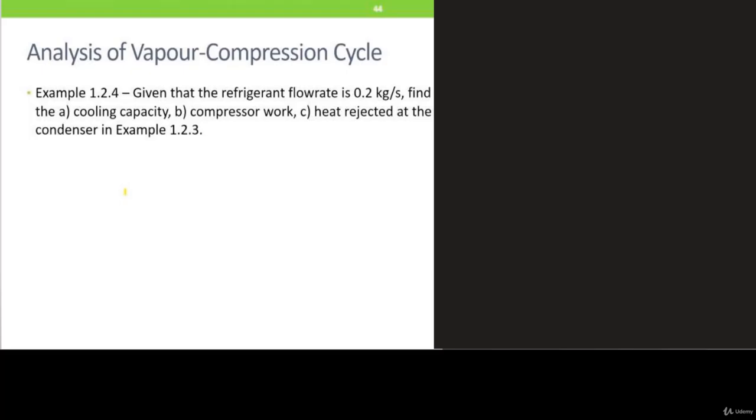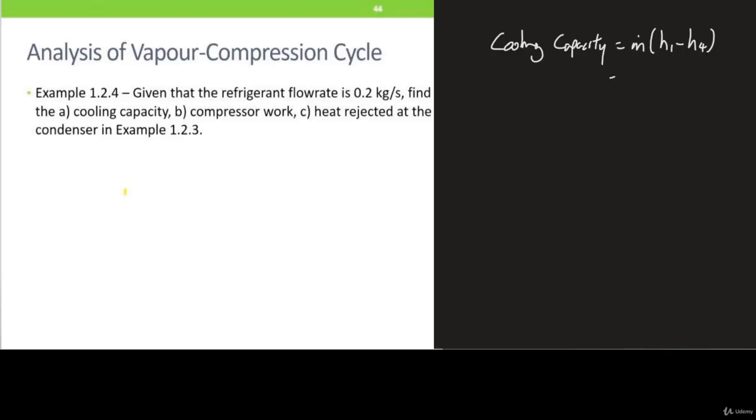So first, cooling capacity. Cooling capacity is equal to m dot, if you refer back to the formula, H1 minus H4. So refer to your example 1.2.3, what is your H1, what is your H4, and sub in all the values.